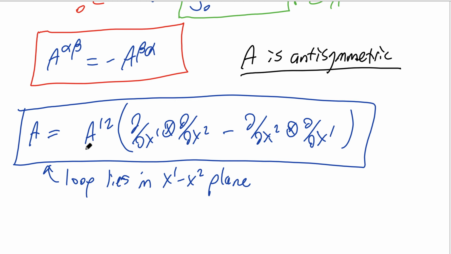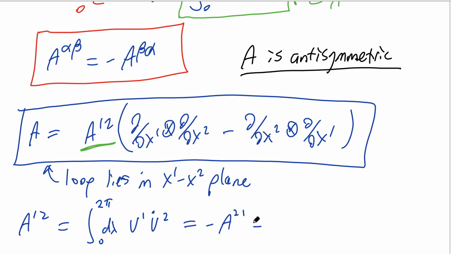How do we interpret this component of the tensor A? Well, if we go back to our definition of A alpha beta, A12 can be written as the integral from 0 to 2 pi of V1 V2 dot. And we know since A is antisymmetric, this is minus A21, which is minus the integral from 0 to 2 pi of V2 V1 dot.